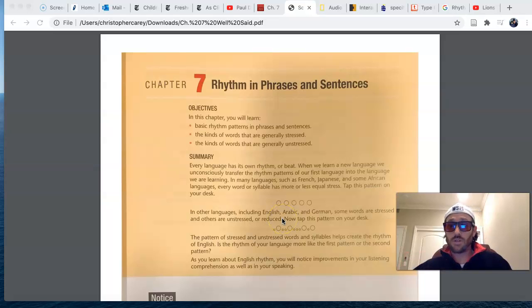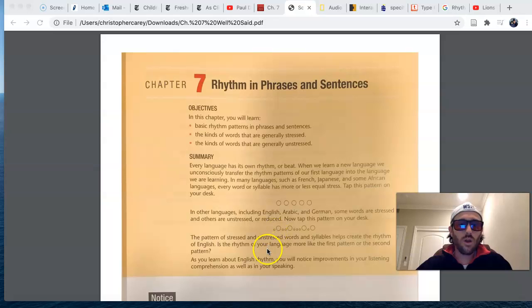Does your first language have that? Is the rhythm of your first language similar to English, where you have stressed and unstressed words, where the intonation rises and falls throughout the sentence? Is it more like English, your first language? Or is it more like French, Japanese, or some other African languages?